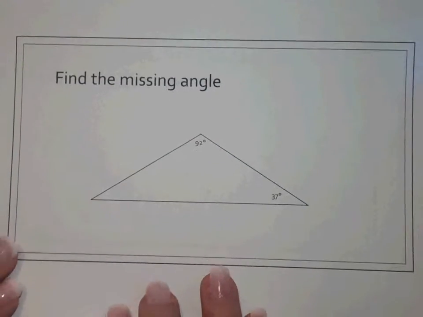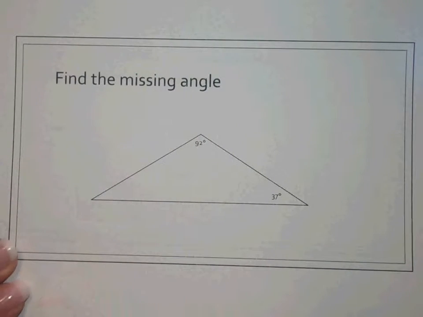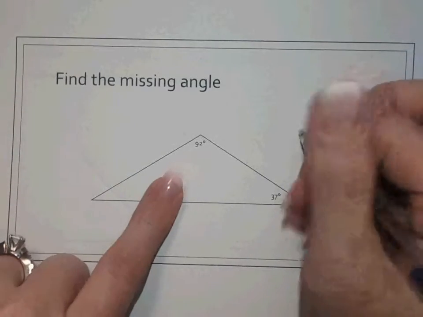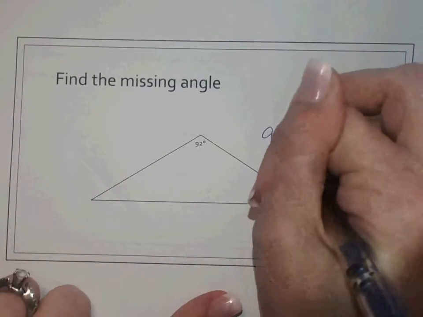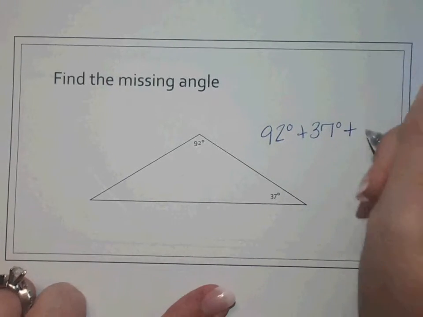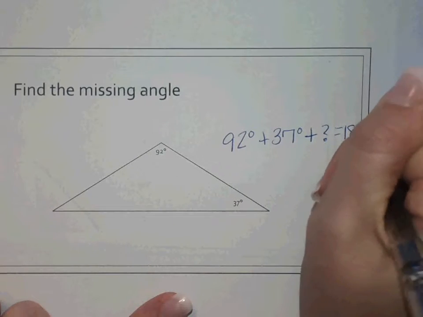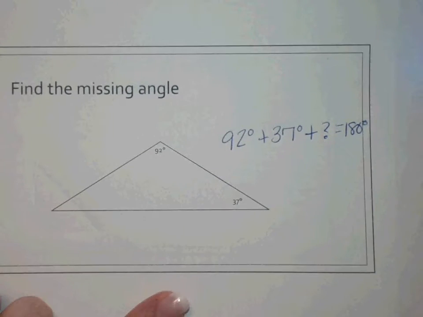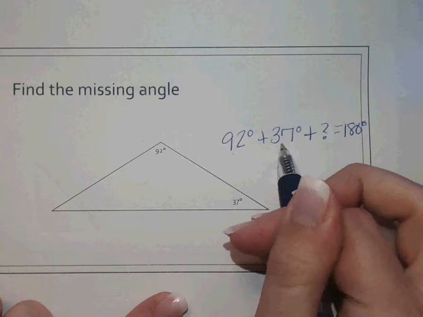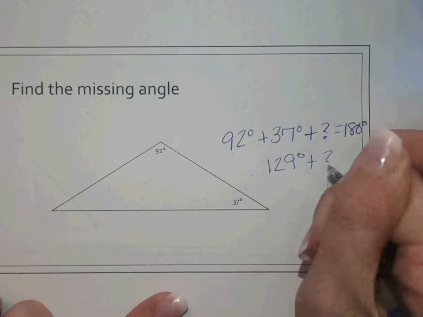Okay, let's look here. Find the missing angle. So this is our same triangle from up top. Okay, so we're going to do the same thing. We're going to say 92 degrees plus 37 degrees plus some other angle gives us 180 degrees because all triangles add up to 180. So when I add 92 and 37, I do get 129 degrees.